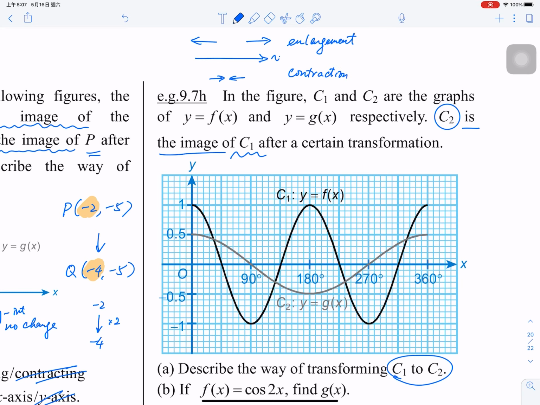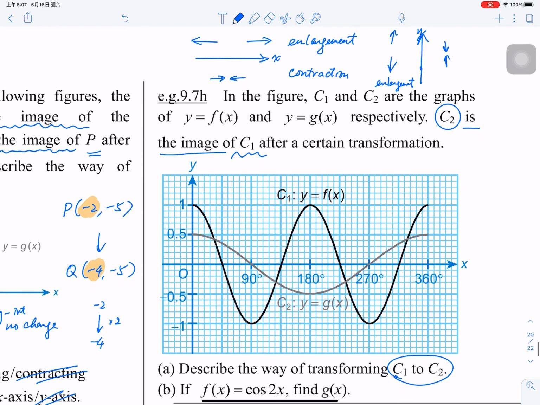How about the y-axis? If doing the enlargement, it should be like this. Enlargement. If contraction, it will become like this. Contraction. So now, let's have a look.